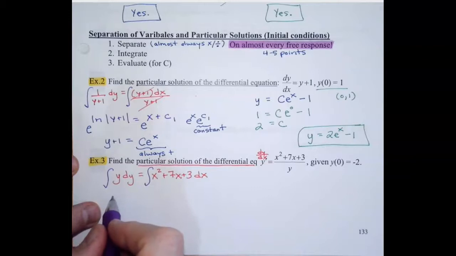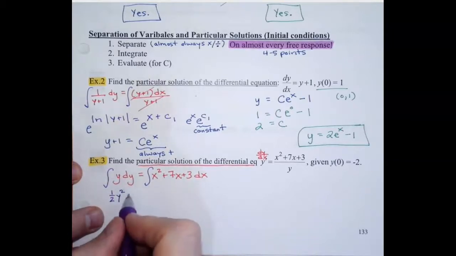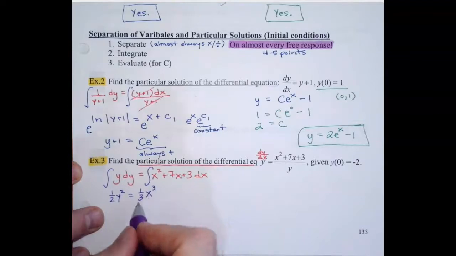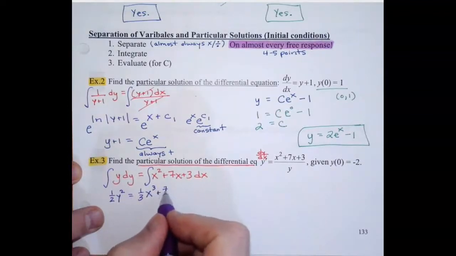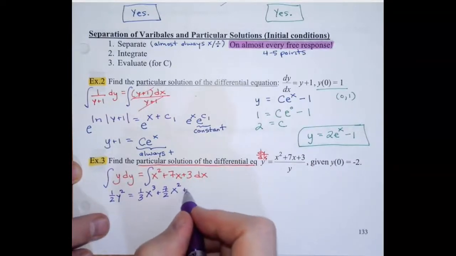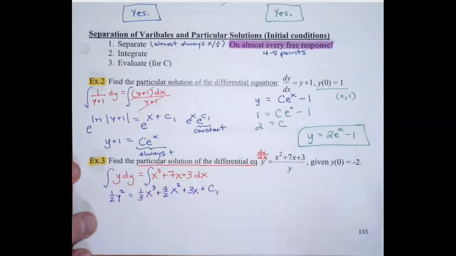Okay, so here it's going to be 1/2 y squared. Add 1 to the exponent, divide by the new exponent. Add 1 to the exponent, divide by the new exponent. And plus c1.